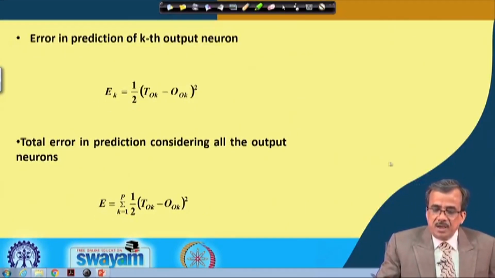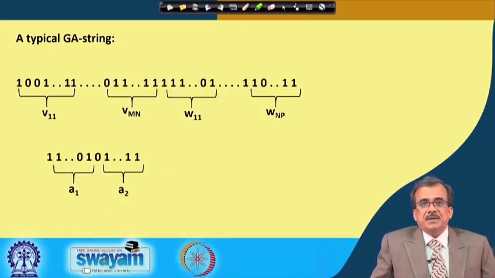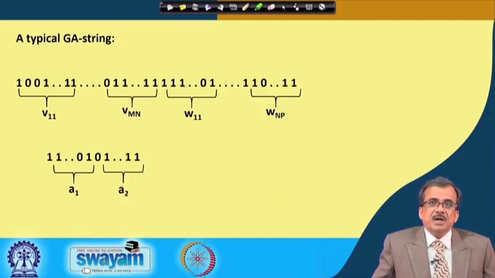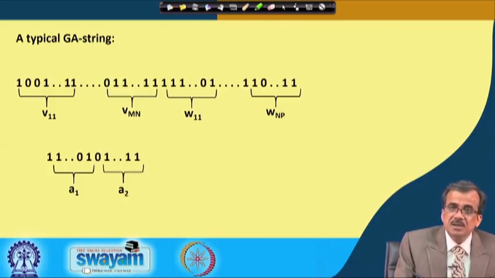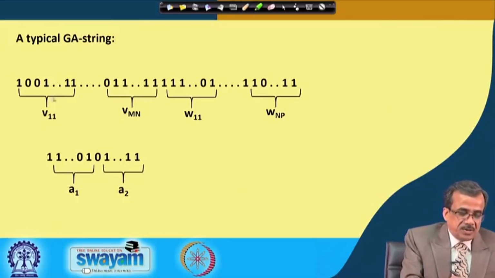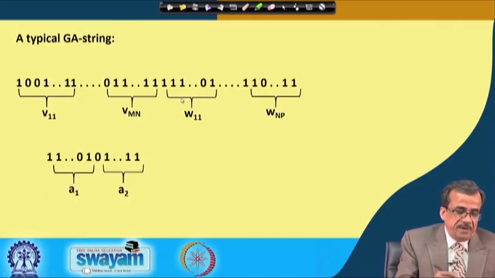Now, here our aim is to represent this network with the help of a binary coded GA string, and we are going to evolve or optimize this particular network. This is a particular GA string, like the binary coded GA.